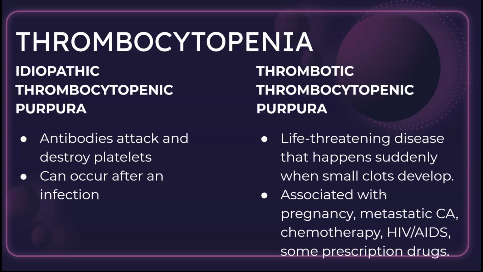Idiopathic is usually the antibodies after an infection response, while the thrombotic is after some sort of trauma or other pregnancy issue or something like that. You're not going to need to know the difference. Just know that having those little random blood spots all across the skin could be a sign of thrombocytopenia. Okay.